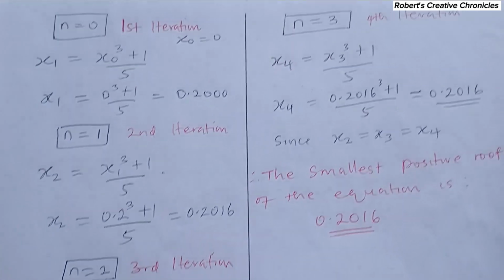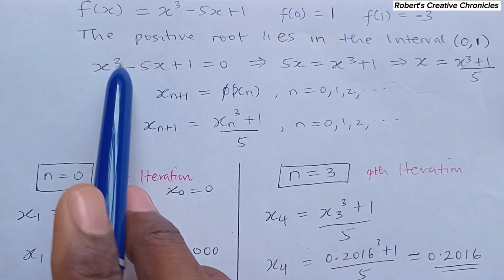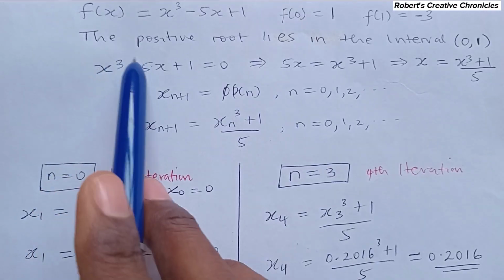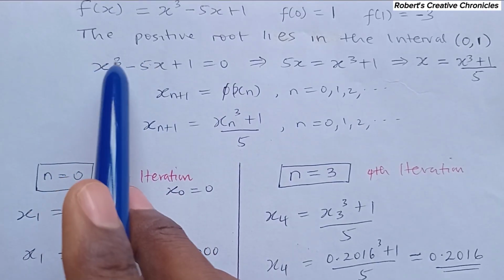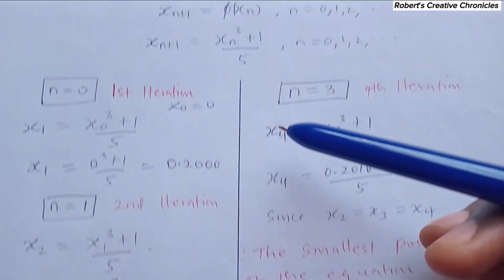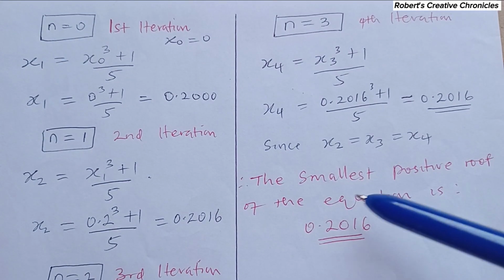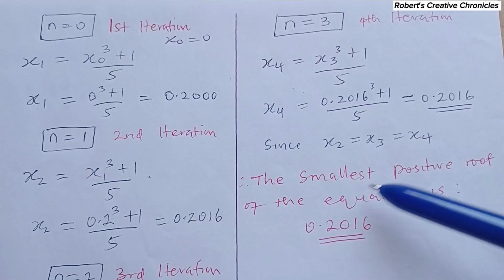If we had expressed this equation using x cubed as our subject formula, and then found x by taking the cube root of both sides, this iteration would not have converged. It would have given you random answers. It will never converge.